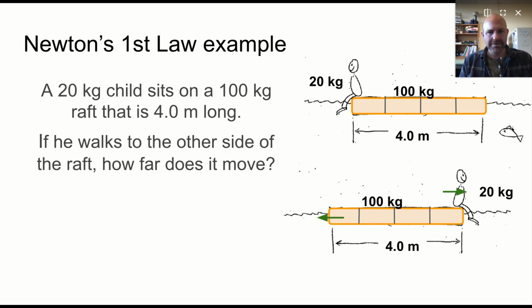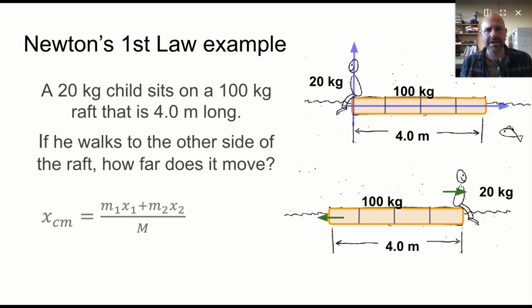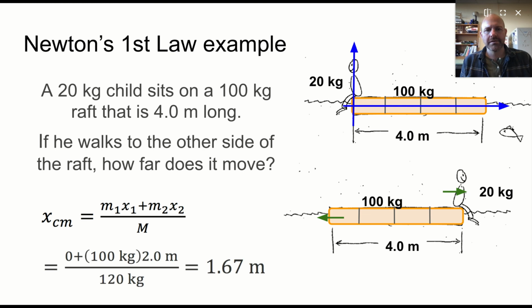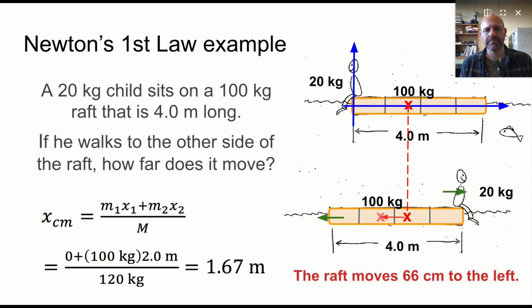And initially, the center of mass can be calculated to be at 1.67 meters, which means the center of mass still needs to be at 1.67 meters, but the child has moved. And so in order for the center of mass to be there, it has to be 1.67 meters from the child. So the entire system shifts. And that ends up being about 66 centimeters of movement.